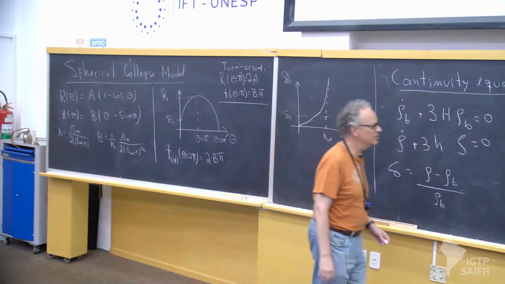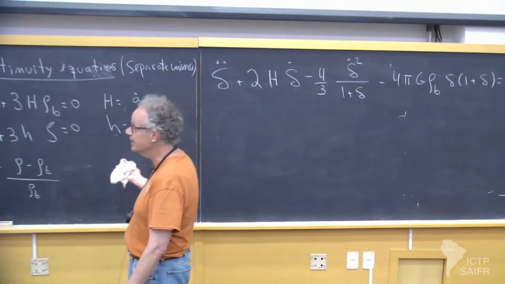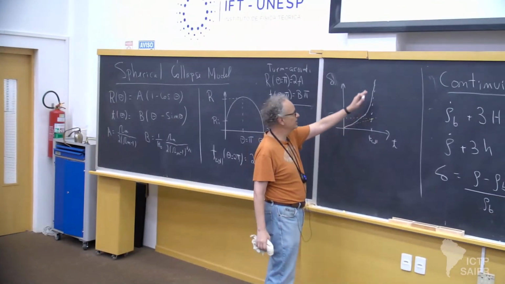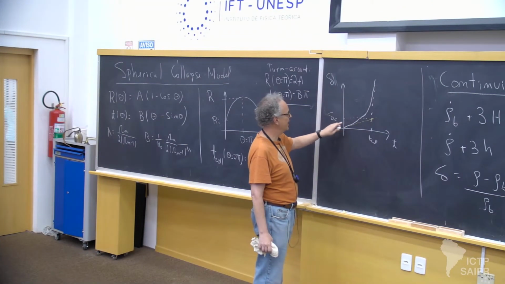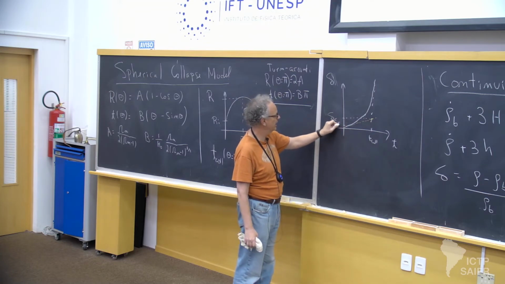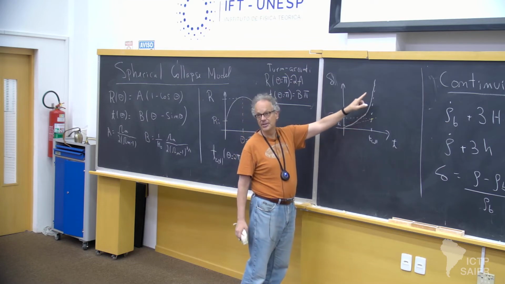Now we're going to move to another topic, which is actually related to the spherical collapse model. The spherical collapse model tells us that if I have a perturbation with a certain initial value, let's say delta_i, and this perturbation grows, eventually it will collapse.